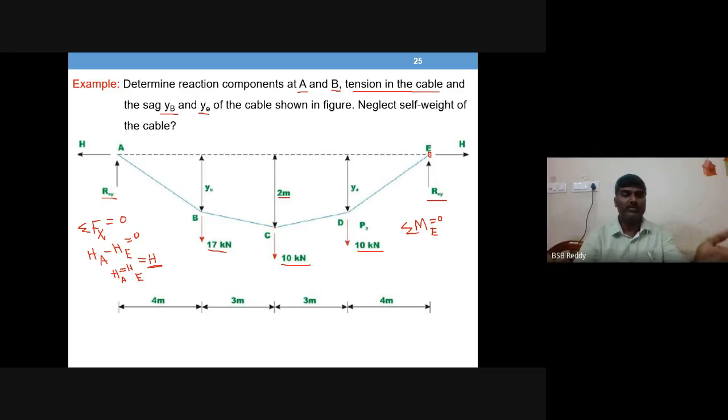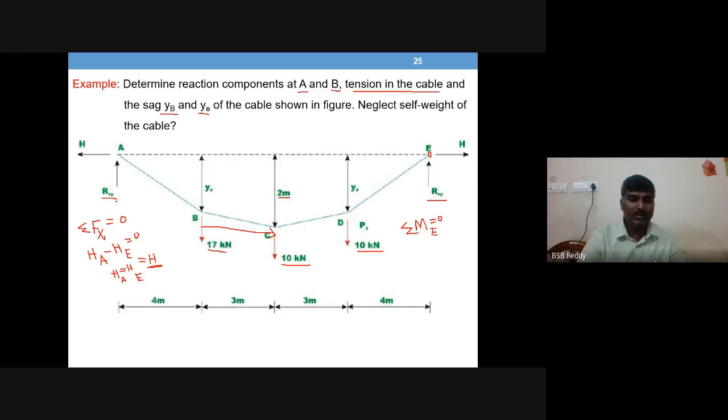Sum of all moments to the left. So what you have? H into 2, perpendicular distance for H is 2, anti-clockwise. 17 into 3, this distance, same direction, anti-clockwise.